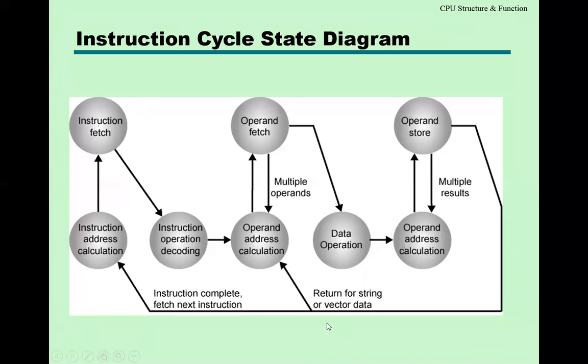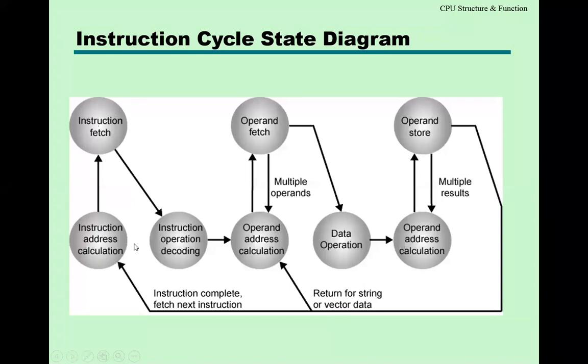we have to provide this operand to the operand address calculation, returned for string or vector data. And if it is completed, there is no need to return a result. Then it goes back to the first step: instruction complete, fetch the next instruction.